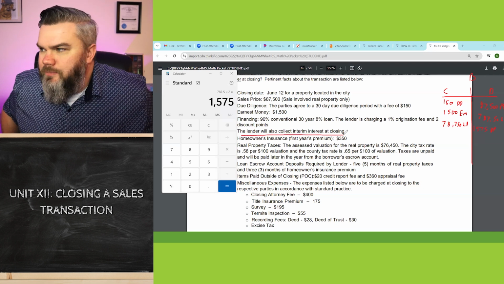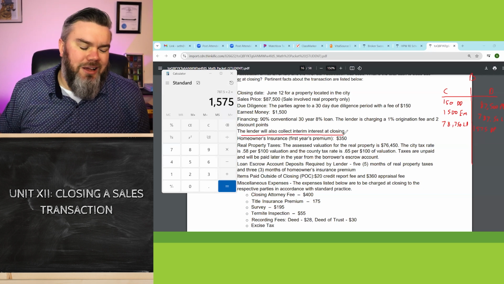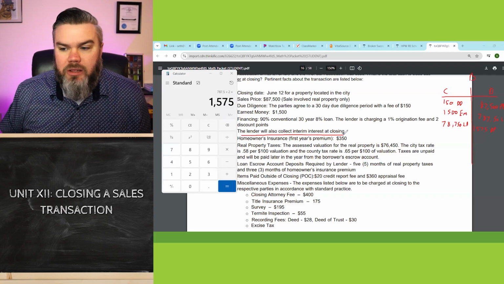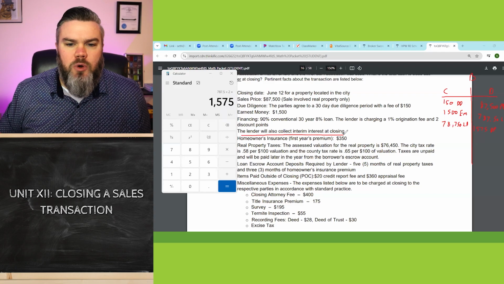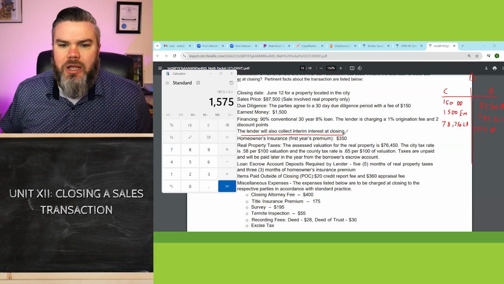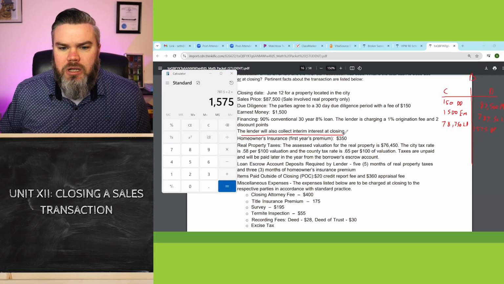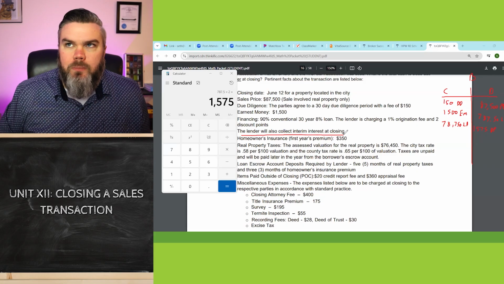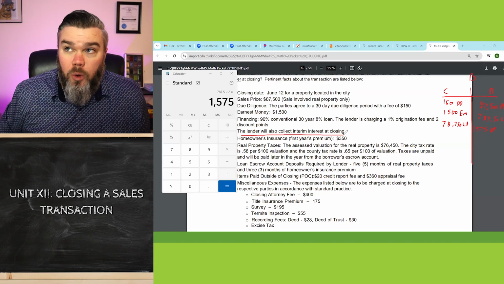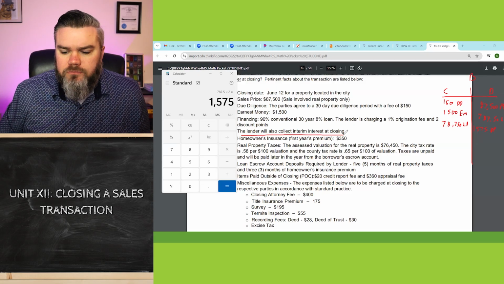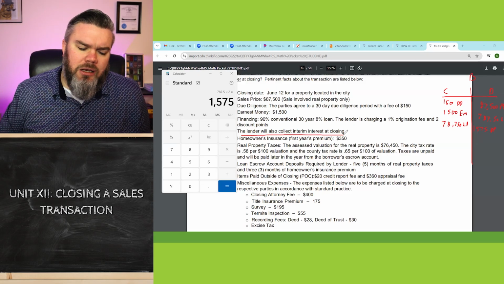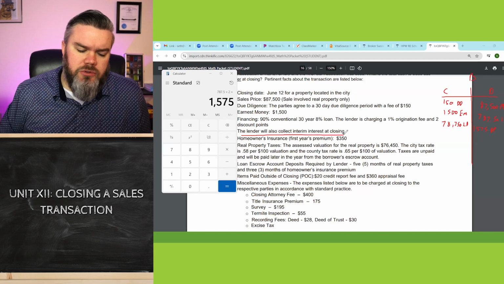Now here's where things get a little iffy. And I can't remember to what extent we've talked about this or not. But let me give you a quick miniature lesson on interim interest, folks. When you're dealing with loans, if you will, they are paid in arrears.